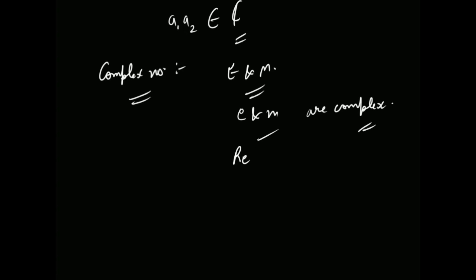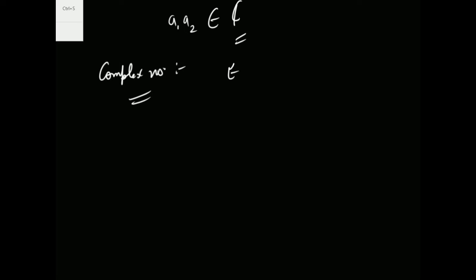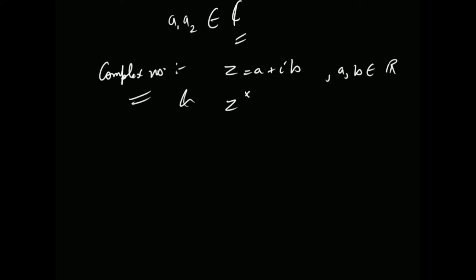So first of all, the importance of complex numbers here. Secondly, a complex number is represented by z equal to a plus iota b, where a and b are real, and its complex conjugate is z star. I pronounce it as z conjugate, equal to a minus iota b. That is, iota changes to minus iota, so it is called the complex conjugate.